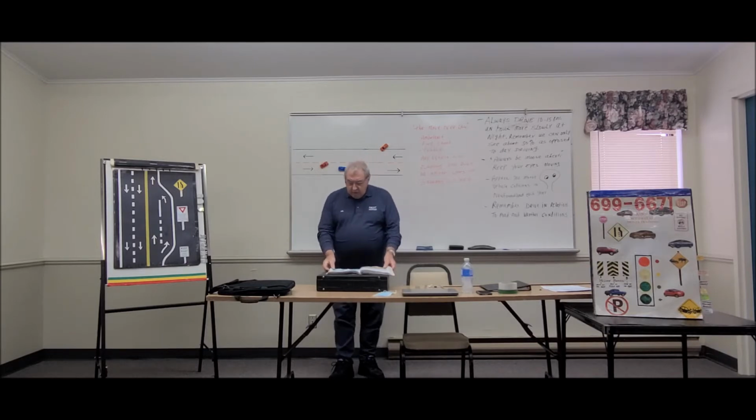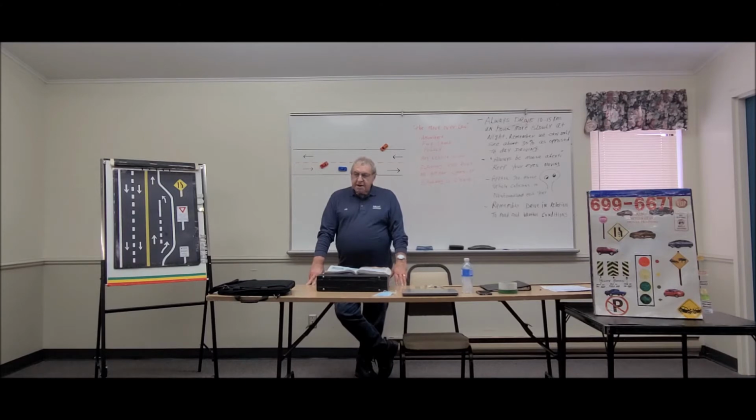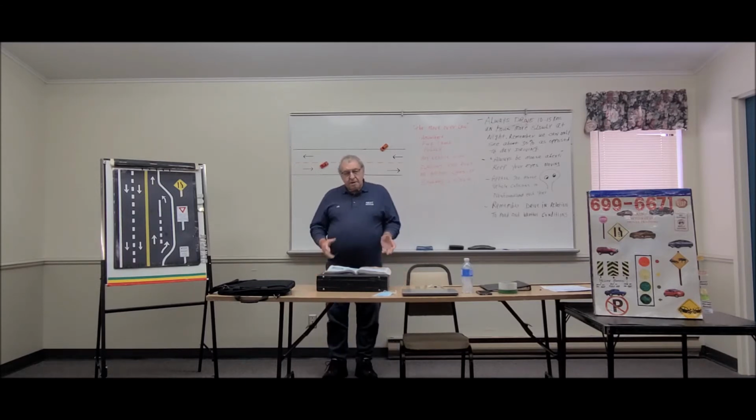So, well, it might be a good idea. I suggest that you always start to move ever so slowly, and that way they can see that, look, the car is moving, and the driver in front of you will already be gone across the intersection. So the idea there is to establish that 2-second following distance before you actually move away, and let that driver ahead of you be about 2 seconds away from you.